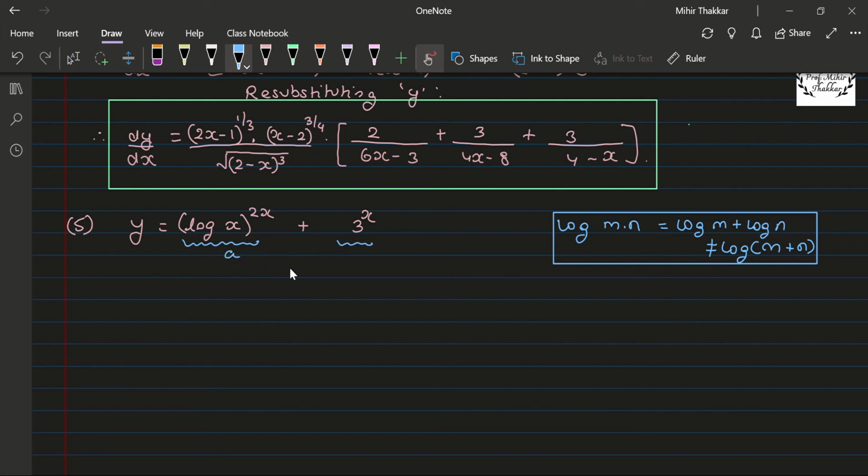Let me take this as A and this over here as B. Let A be equal to (log x) to the power 2x and B be equal to 3 to the power x. So we have to take the derivative.